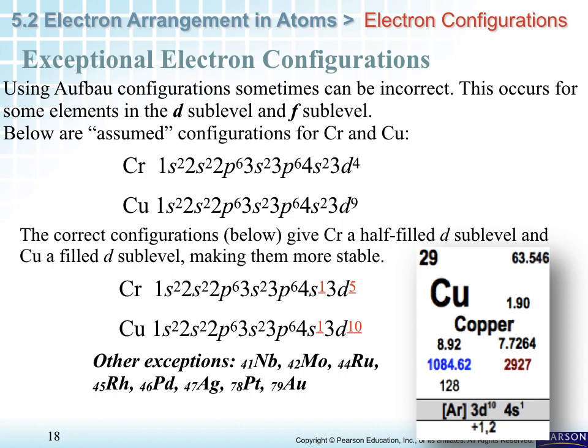It migrates and is given a higher energy level. So what they can do is pull that 4s electron out to make it a 4s1 3d5 or a 4s1 3d10. And that makes the d sublevel more stable.